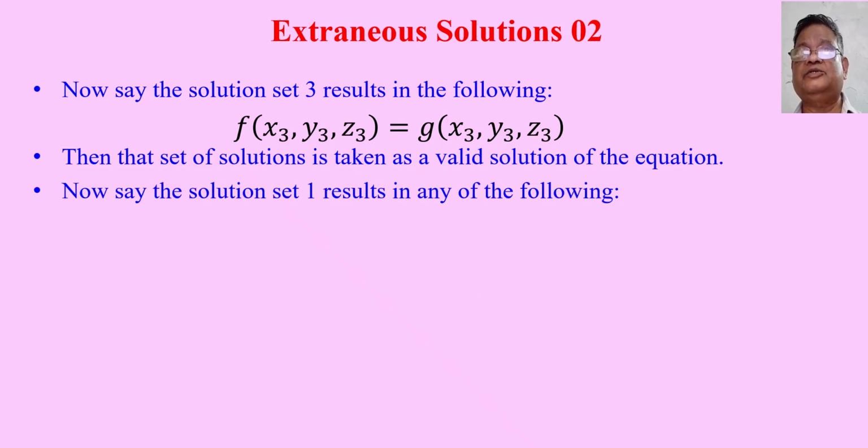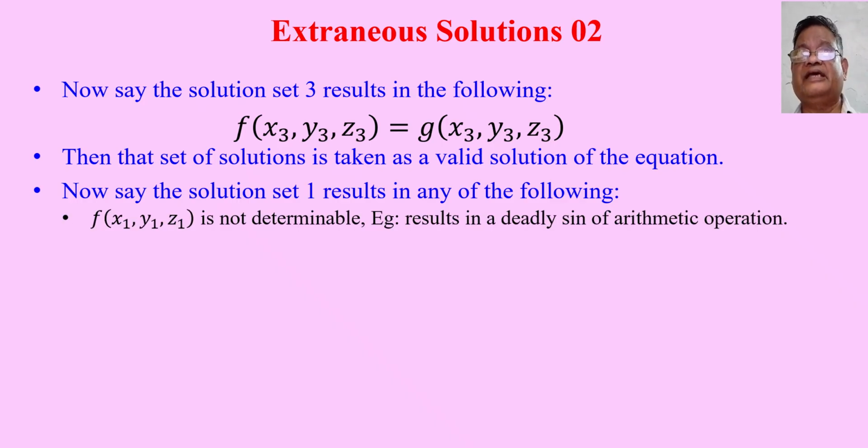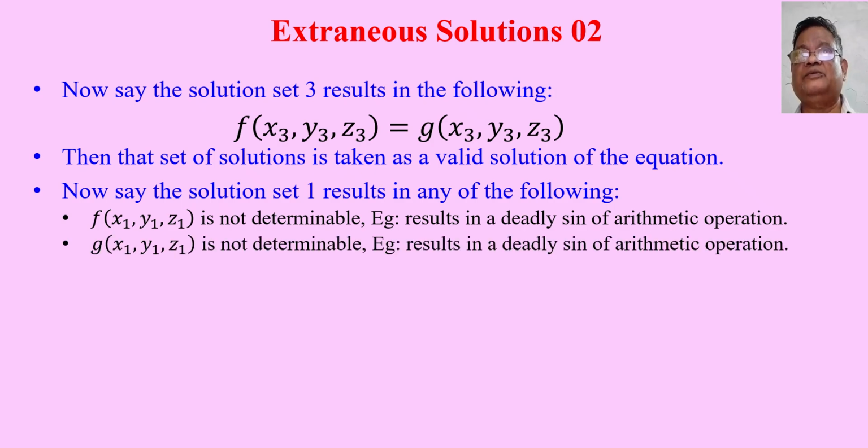Now say the solution set 1 results in any of the following. F of x1, y1 and z1 is not determinable, resulting in a deadly sin of arithmetic operation. G of x1, y1 and z1 is not determinable, resulting in a deadly sin of arithmetic operation.